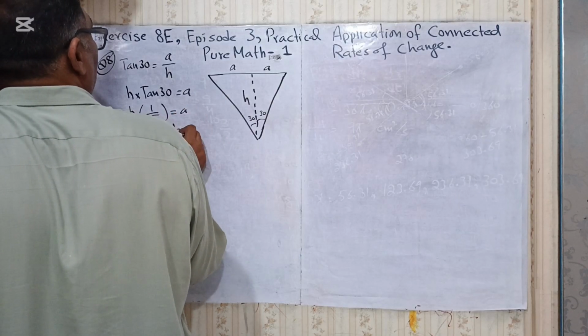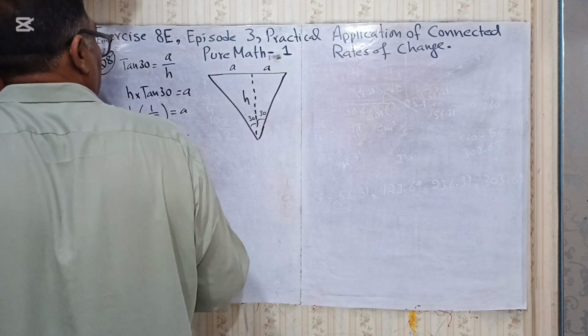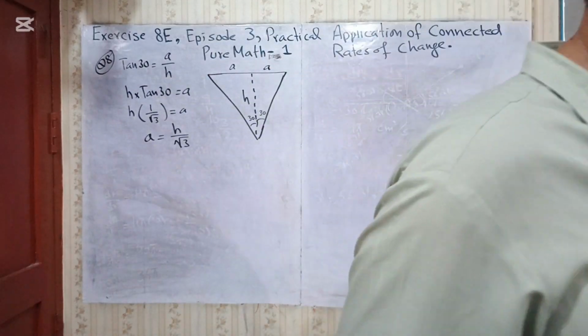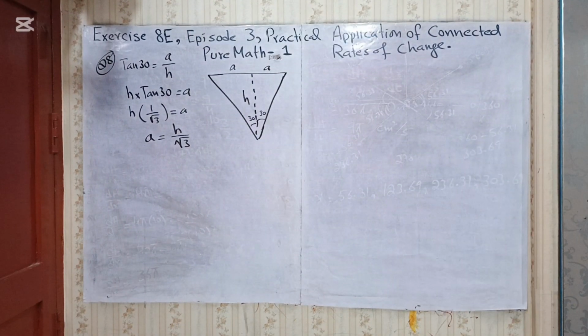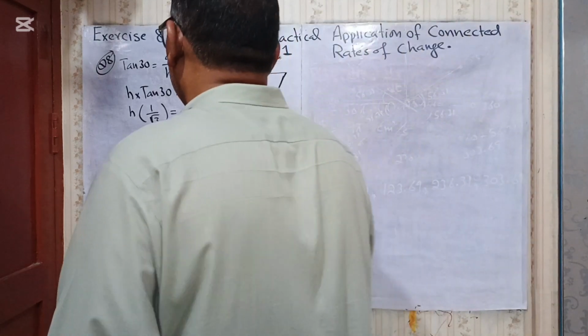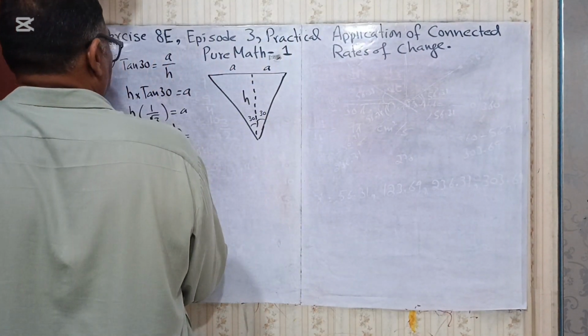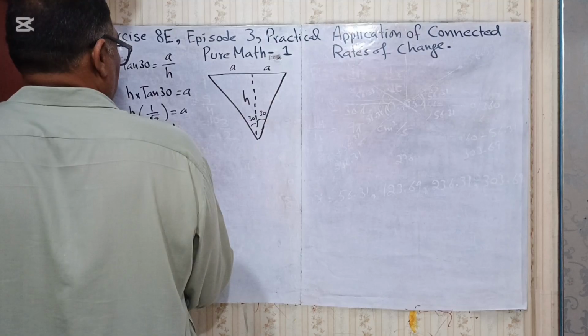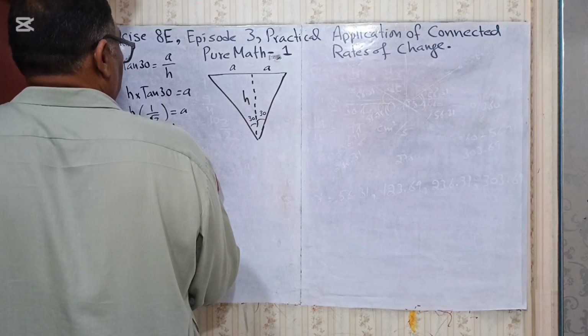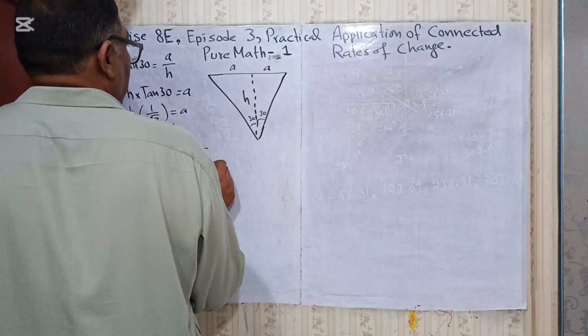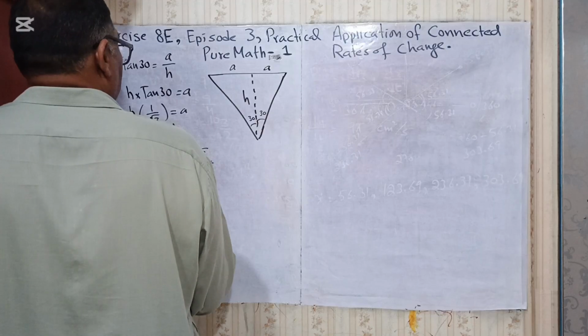So the tan of 30 is equal to 1 by root 3. So this is the value of a. So a will be equal to h by root 3.